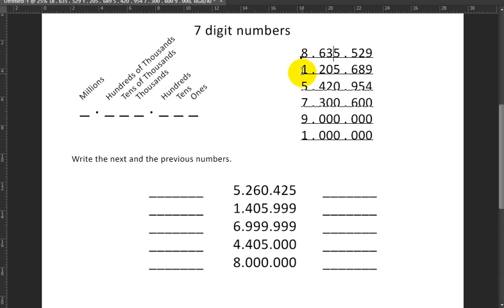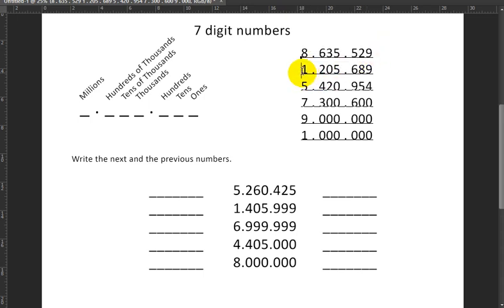I do want to point out something that you have to be careful with in Greek. This isn't a concern in English, but in Greek it is a little bit. So in Greek we would read this number as 8.635.529.